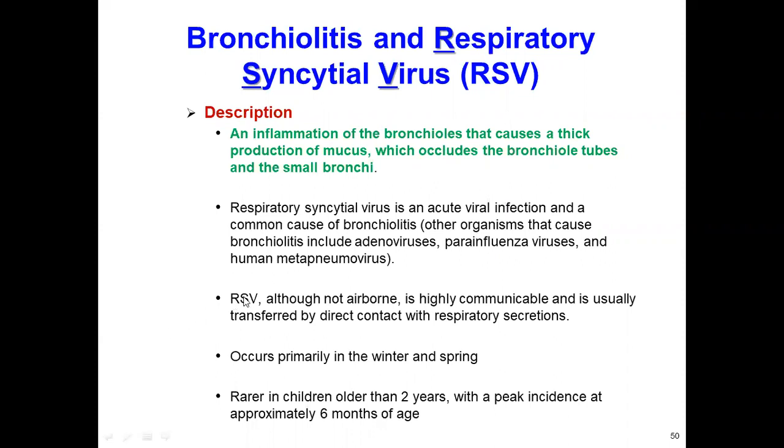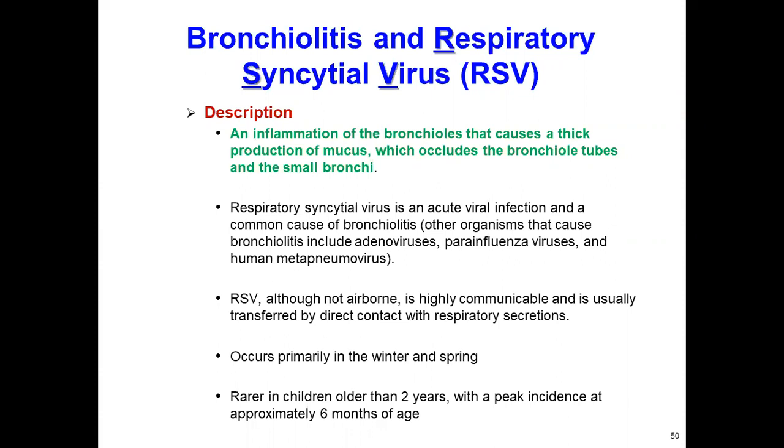Respiratory syncytial virus, although not airborne, is highly communicable and is usually transferred by direct contact with respiratory secretions. It most commonly occurs during the winter or springtime.